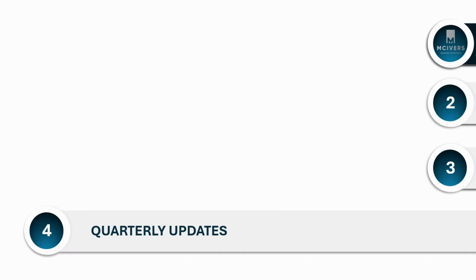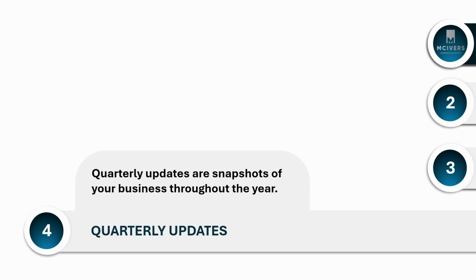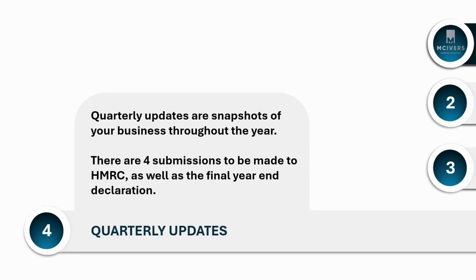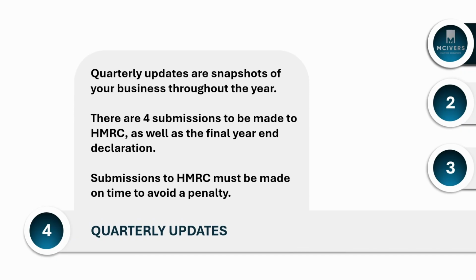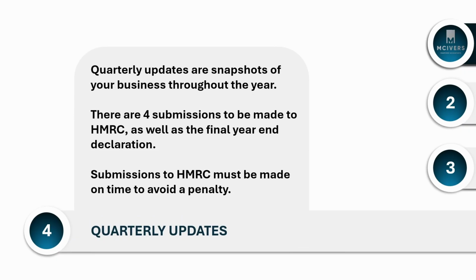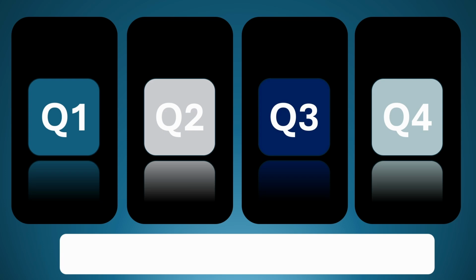Quarterly updates are snapshots of your business throughout the year. There are 4 submissions to be made to HMRC, as well as the final year-end declaration. Submissions to HMRC must be made on time to avoid a penalty. Here are the quarterly submission deadlines for the 2026-27 tax year.